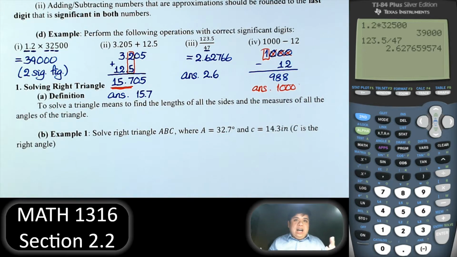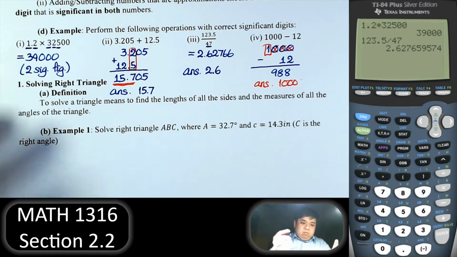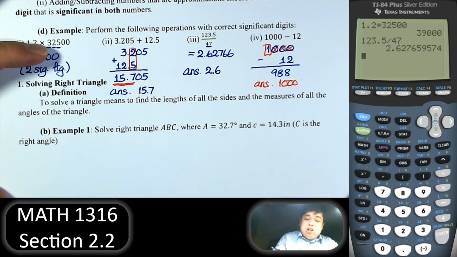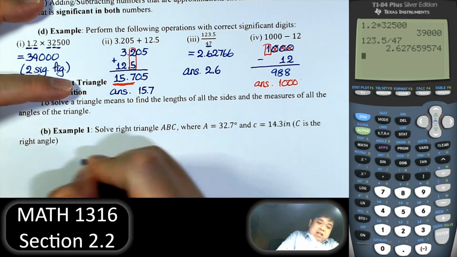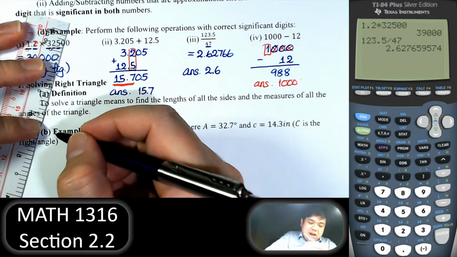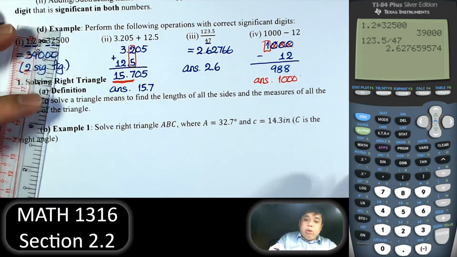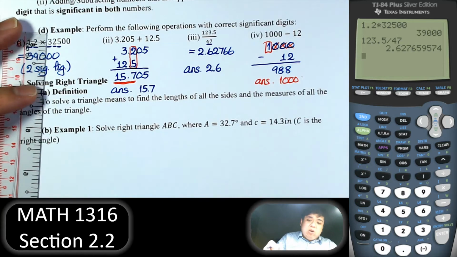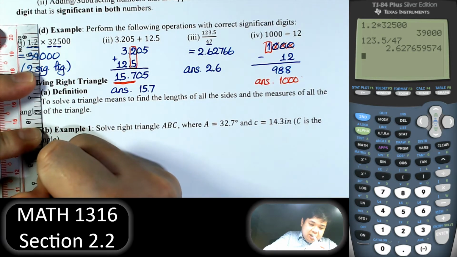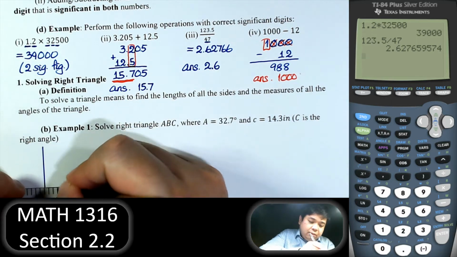Later on, we will solve right triangles in the general sense. But for now, let's just draw a triangle, so we have a better sense of what we are dealing with. It is a right triangle, so we give the angle like this.